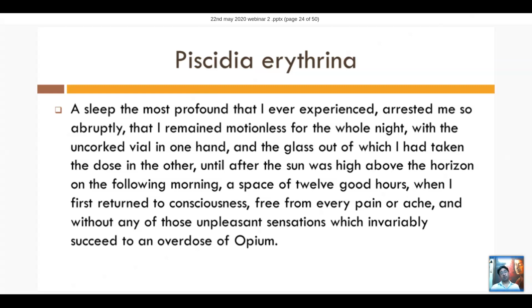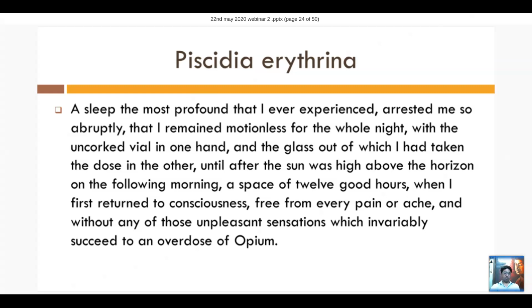So this much profound sleep is there in this remedy, without any of those unpleasant sensations which invariably succeed an overdose of Opium, and free from every pain and ache, no symptom, totally deep sleep. So we should be very, very clear whether we need a polychrest or a small remedy in a case, and that depends upon the totality we got.